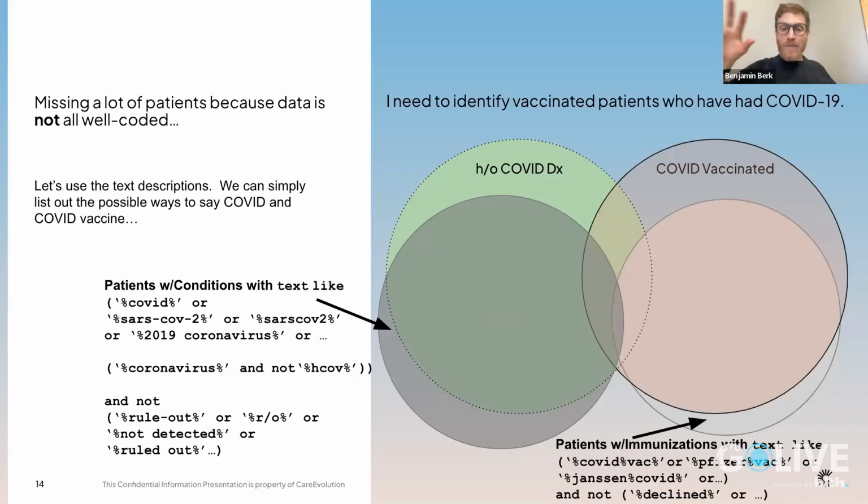But then when that EMR exports the data to a system looking to do research or to another system that is aggregating a longitudinal medical record, that conversion to the reference standard codes wasn't done in that system. It was done somewhere else. And so it doesn't make its way out. So while we do see plenty of well-coded data, there's still plenty that is not. And we need to deal with the free text.